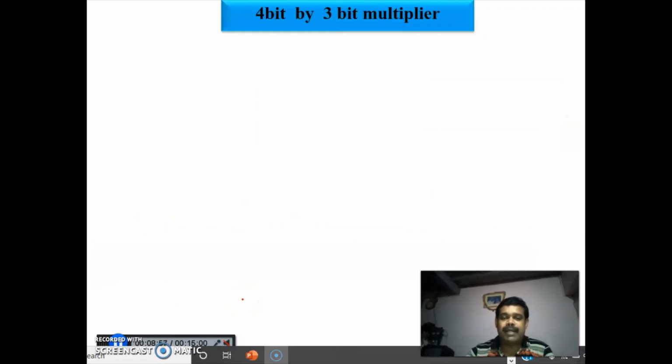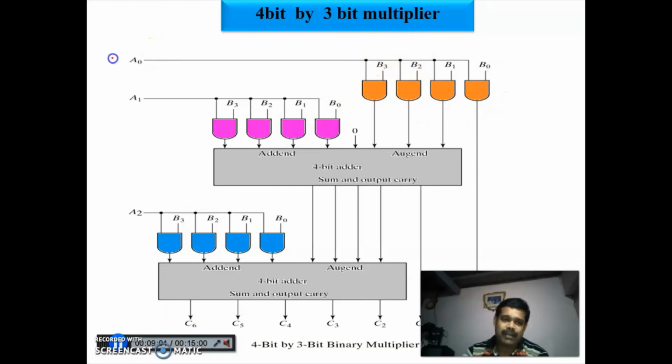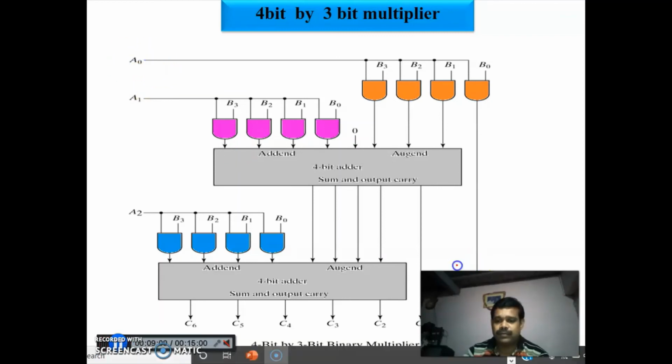Next is the implementation of this 4-bit by 3-bit multiplier. First we are multiplying A0 with B0, B1, B2, B3, then A1 with B0, B1, B2, B3.